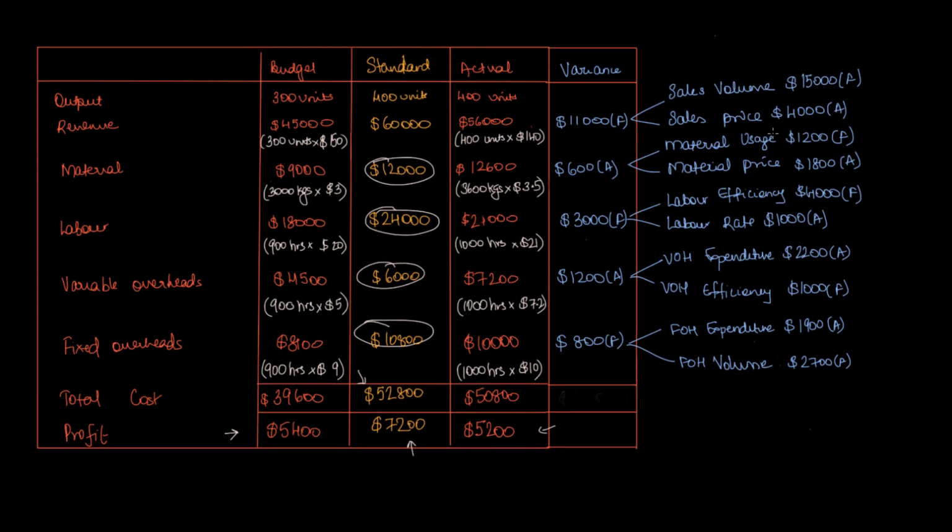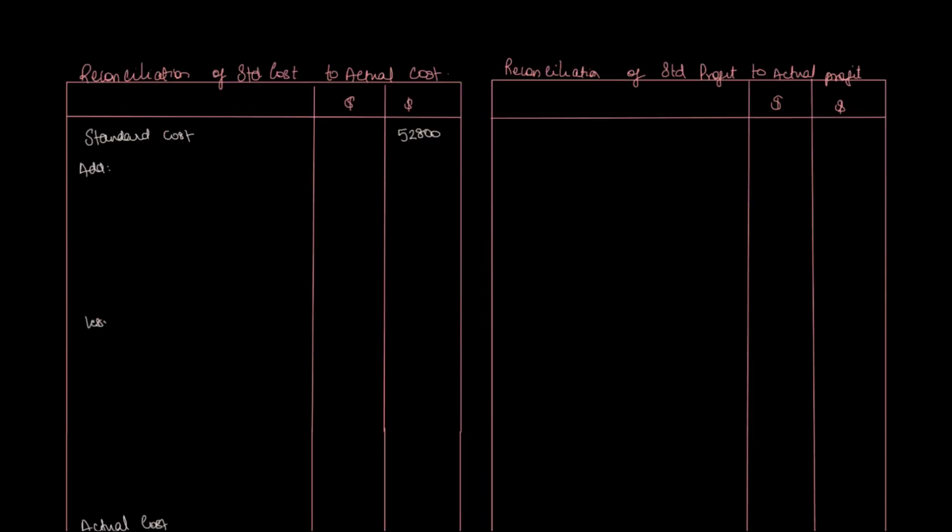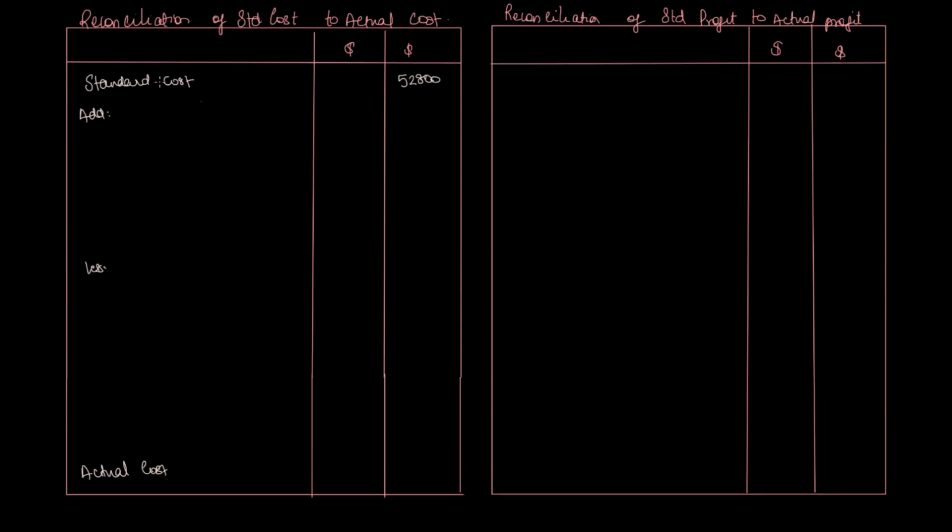See, let's talk about material usage variance, which is 1200 favorable. When will a variance be favorable? When actual cost is less than the standard cost, because then only the profits will be higher. So if I talk about a favorable cost variance, which is material usage here, 1200 favorable, what should I be doing with it?